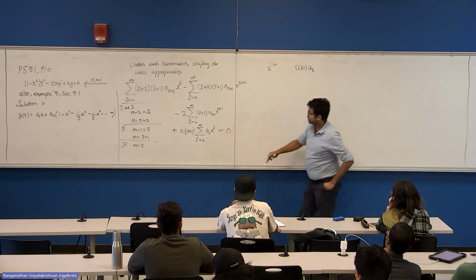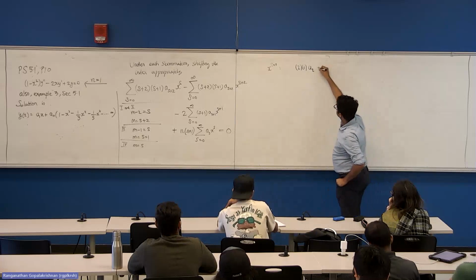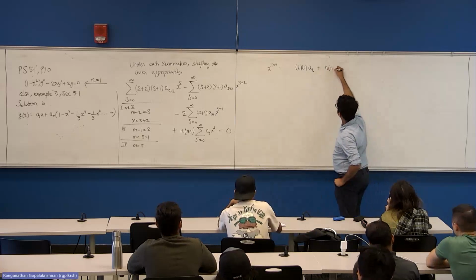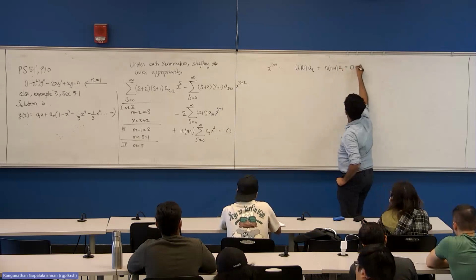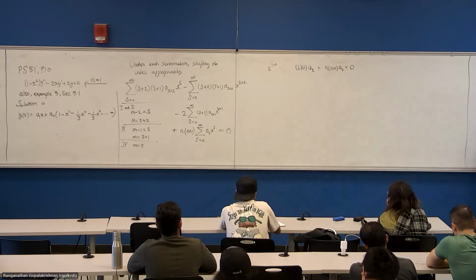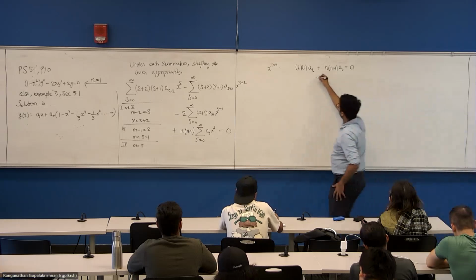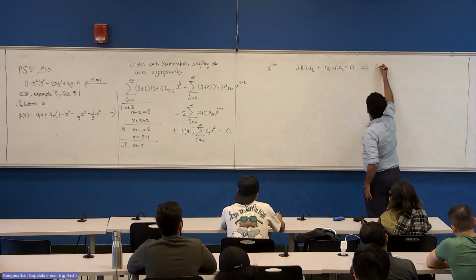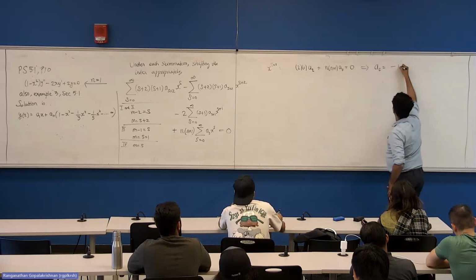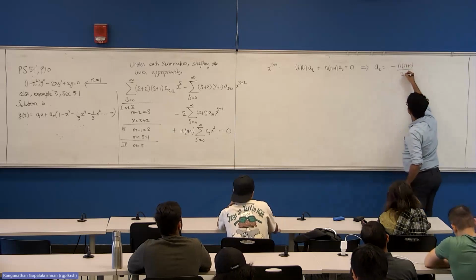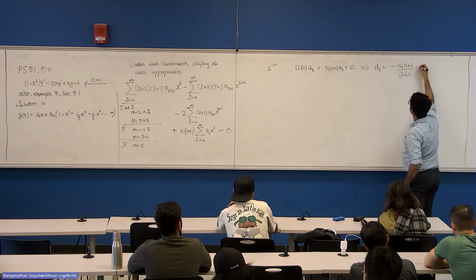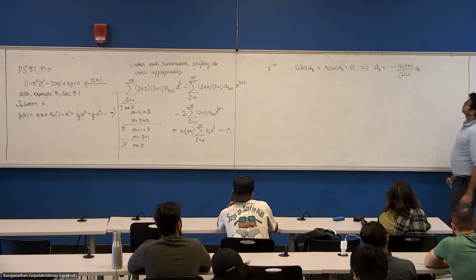And then we have this term plus n times n plus 1 multiplied by A0 equal to 0. Or A2 equal to minus n times n plus 1 divided by 2 times 1 times A0.